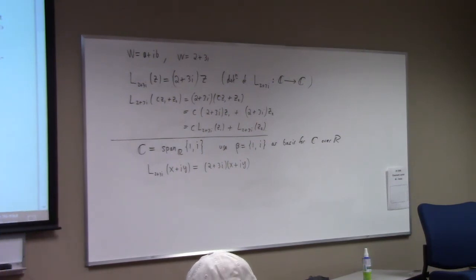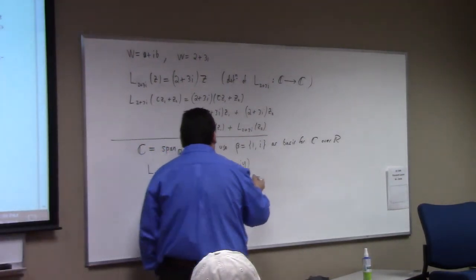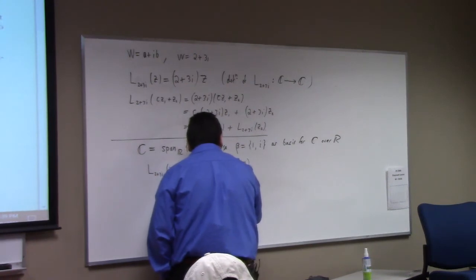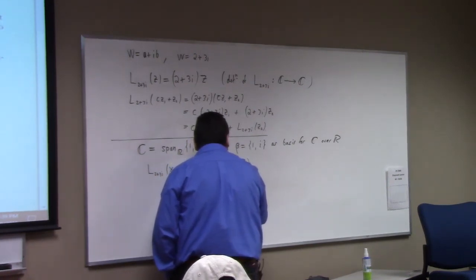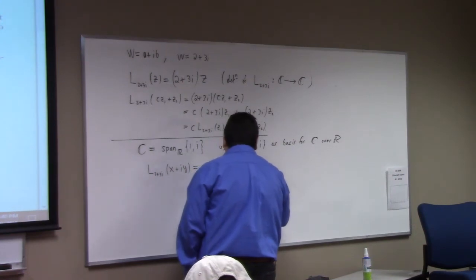What's a generic complex number? It's x plus iy. I have to see what happens to that under the map. That will be useful as we go on. So multiply: this is 2x minus 3y plus i times 3x plus 2y.